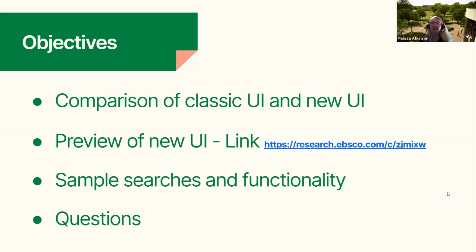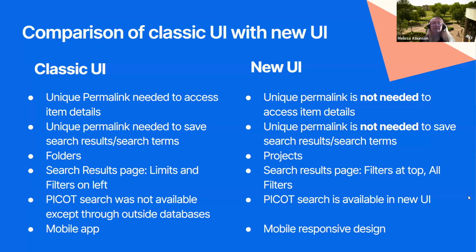So I'm going to have a little chart here comparing the classic UI with the new UI. In the classic UI, you needed a unique permalink to access the item details, and that did not go to the PDF. In the new UI, you do not need a unique permalink to access item details.